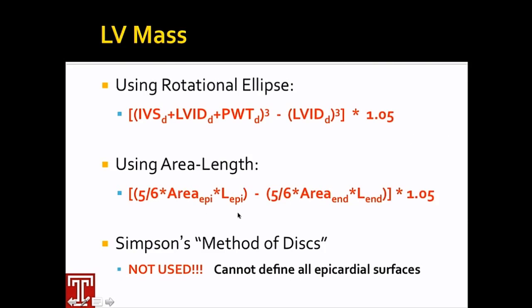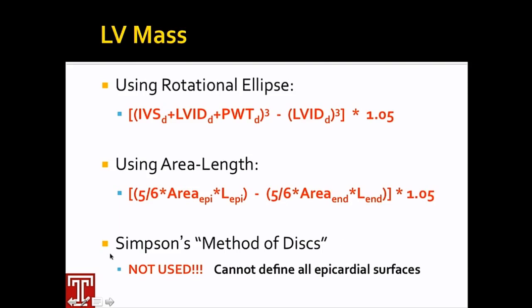Same using the area length: use area length to estimate an epicardial volume, subtract from that the endocardial volume, multiply by the specific gravity of muscle, and you have muscle mass.